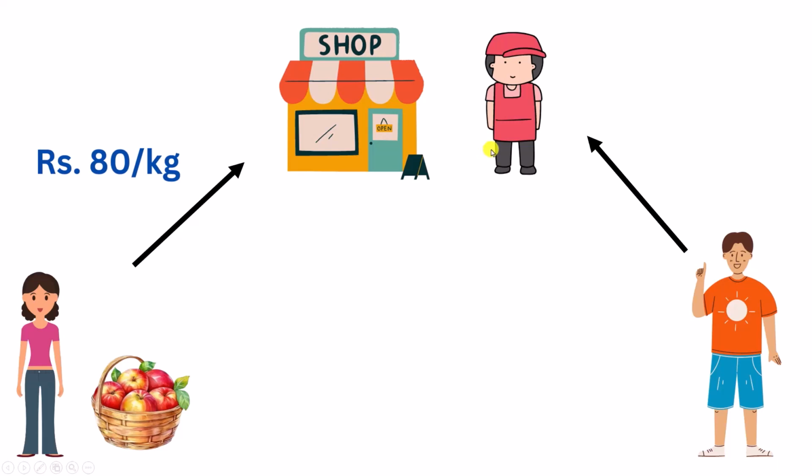The shopkeeper says that the apples are for sale at a price of 100 rupees per kg. So if this person wants to buy 1 kg of apples from this shop, he has to pay 100 rupees. This person is also fine with the price, so he pays 100 rupees, buys the apples and leaves the shop.